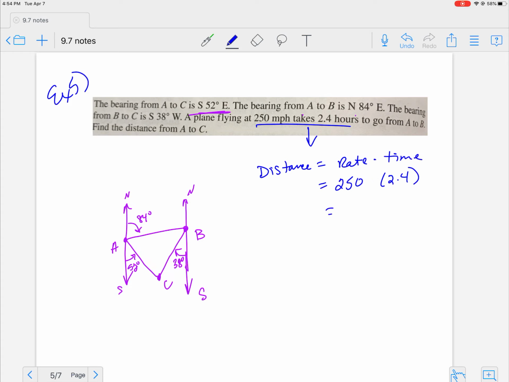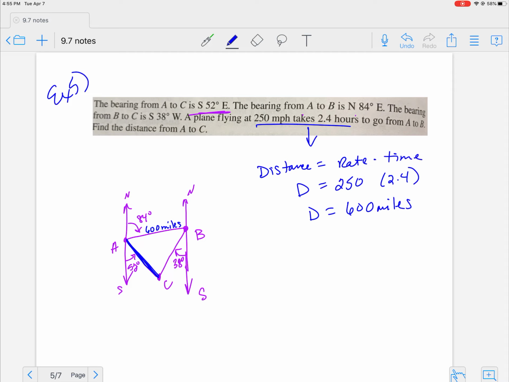So my distance from A to B here is going to be 250 times this 2.4 hours. Oops. And if you plug that all in, that's 600 miles. So this is 600 miles.